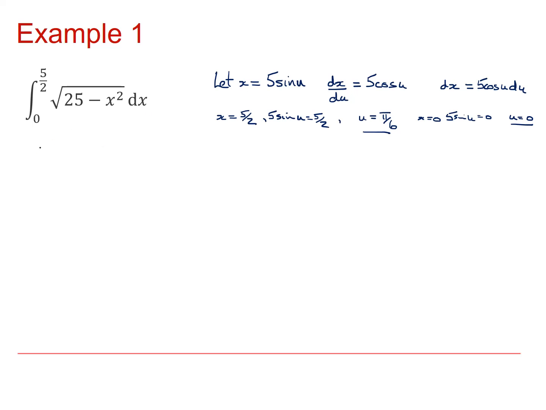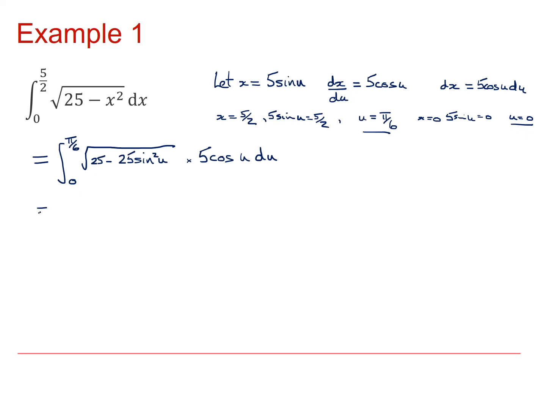I've now got everything I need to do the substitution, so this integral is going to become the integral between 0 and pi by 6 of the square root of 25 minus 25 sine squared u, and then the whole thing is times 5 cos u du. 25 minus 25 sine squared, well, the 25 can come out as a common factor, and as it comes out through the square root it will become just a 5.